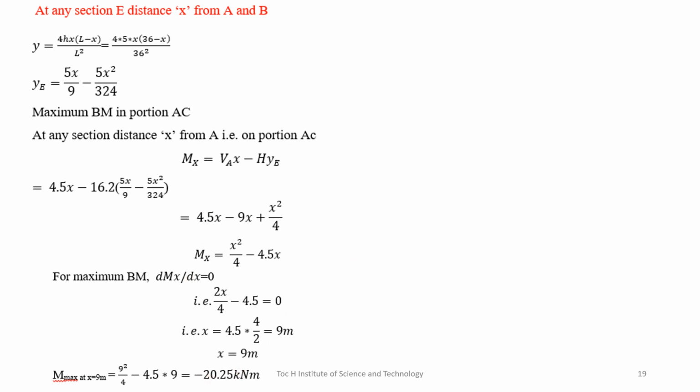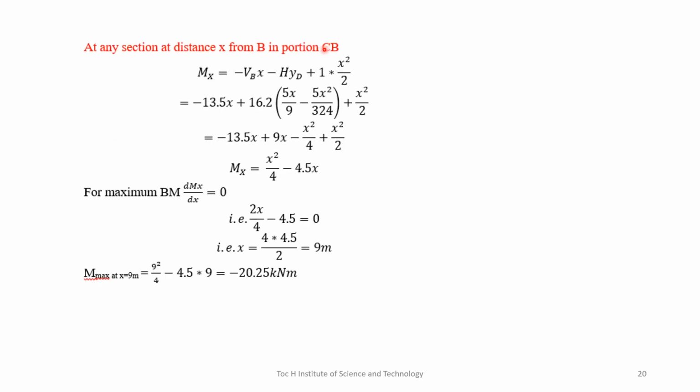And let's check whether it is the same as in the case of span CB. Similarly, consider a section at a distance x from the support B, and write an equation for Mx, that is equal to VB into x minus H into y plus 1 into x square by 2, since there is a UDL acting. So you will get the equation Mx equal to x square by 4 minus 4.5x by substituting the value of y here.